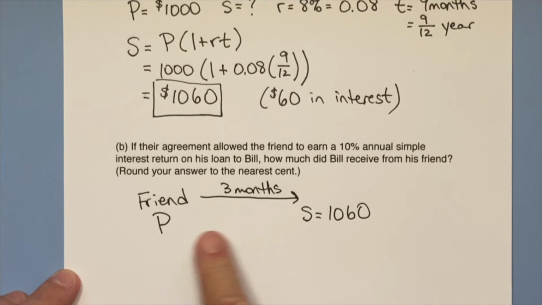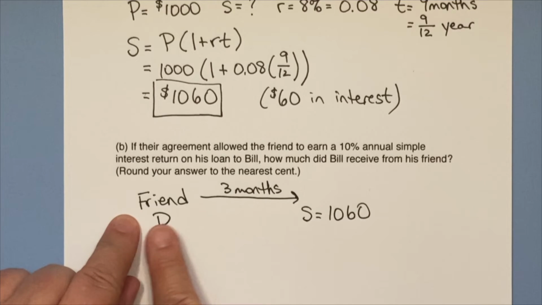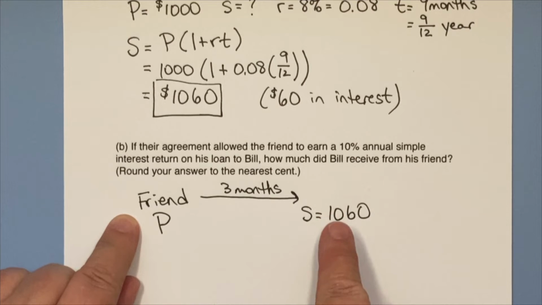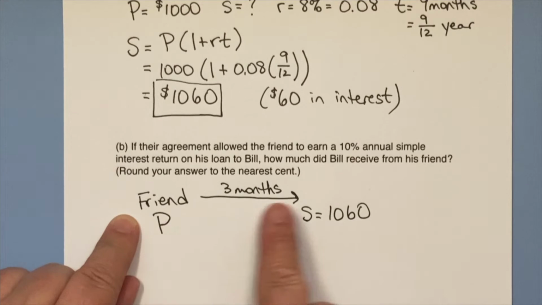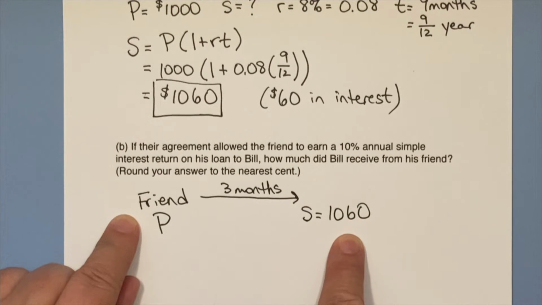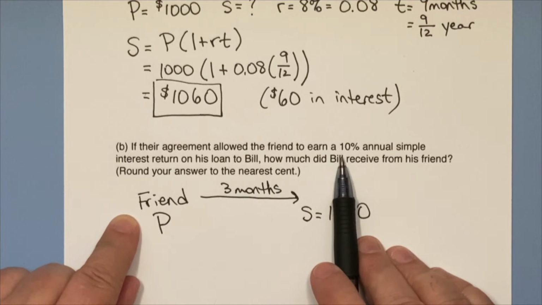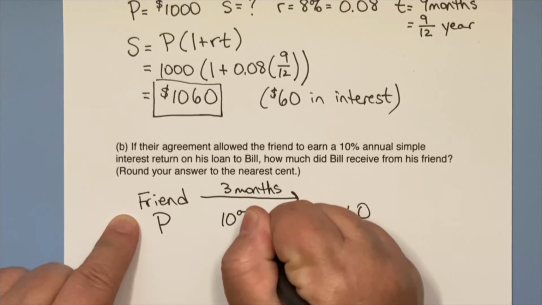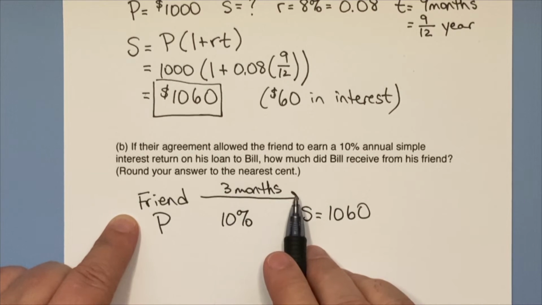But the friend is only loaning money for 3 months, and wants to get a 10% annual simple interest return. So he wants to earn 10% over these 3 months.